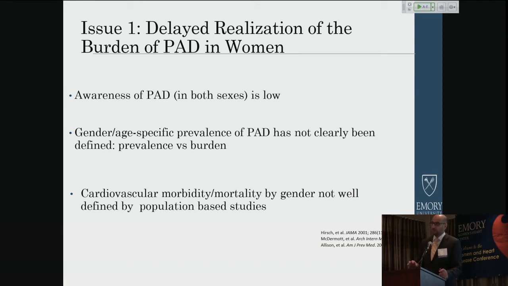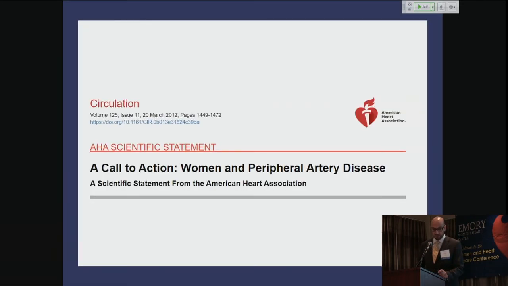The burden of peripheral arterial disease is much more in women, largely because of the distribution of women and men in different age groups, and the fact that with increasing age, people have a higher likelihood of developing this problem.